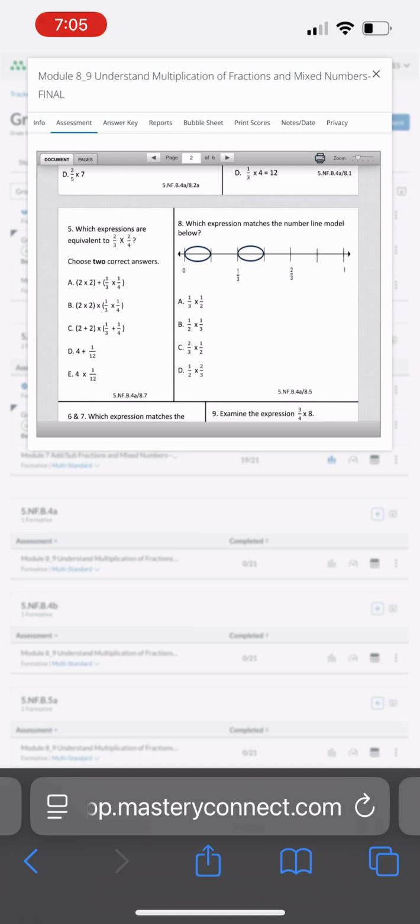B, 2 times 2 times 1/3 times 1/4. C, 2 plus 2 times 1/3 plus 1/4. D, 4 plus 1/12. E, 4 times 1/12.